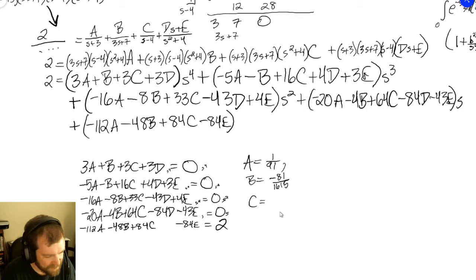C equals, this one actually ended up getting something times 10 to the negative 4th, so it's refusing to do the fraction version of it, but we'll see if I can get this in another form in just a second. 11 over 2210 for D, and E is negative 2 over 221.